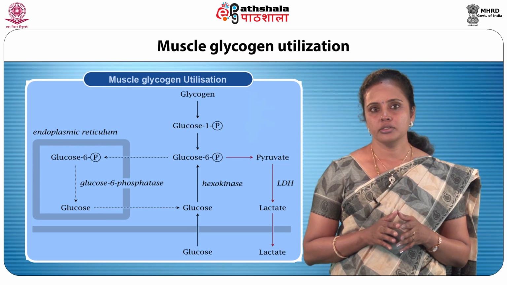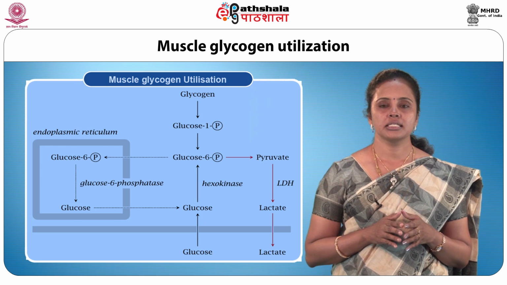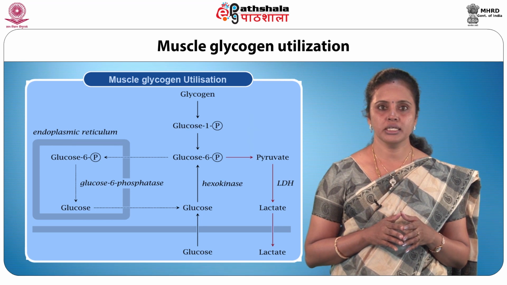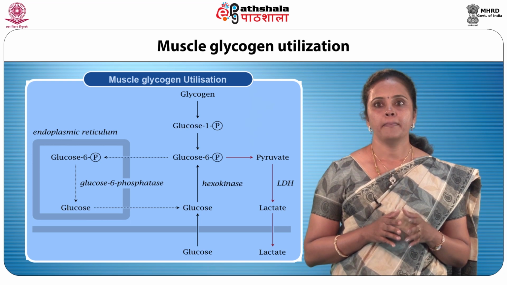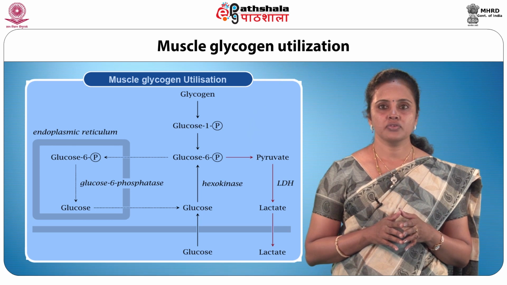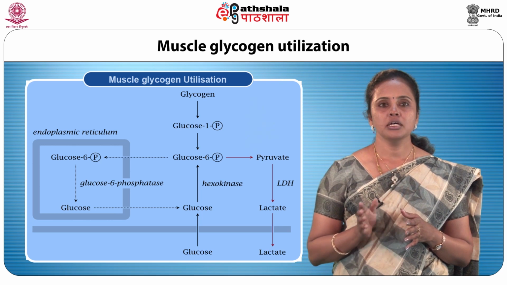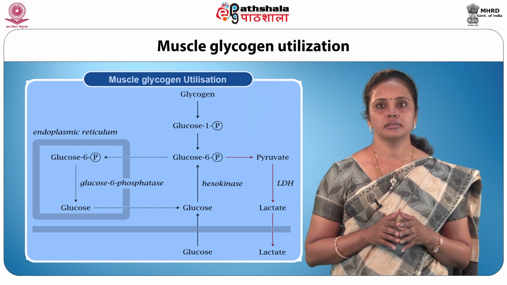Coming to muscle glycogen utilization, muscle glycogen primarily serves the energy needs of the muscle tissue itself. During prolonged physical exercise, most of it is broken down to glucose 6-phosphate and then used up by the usual pathways right within the cells that stored it.